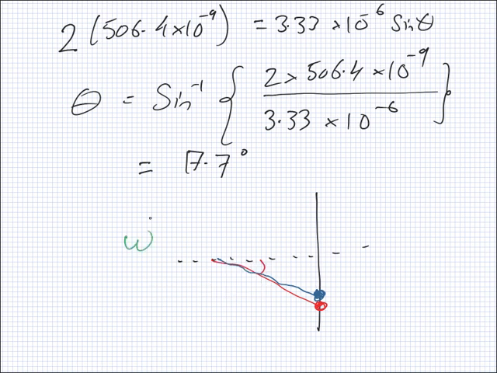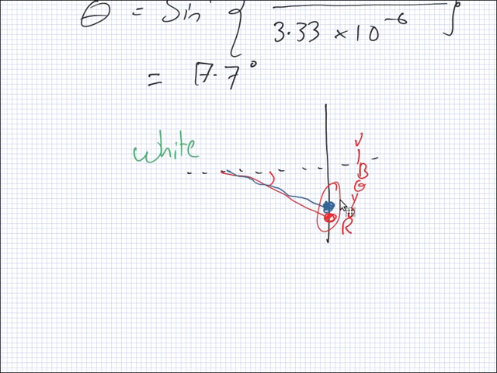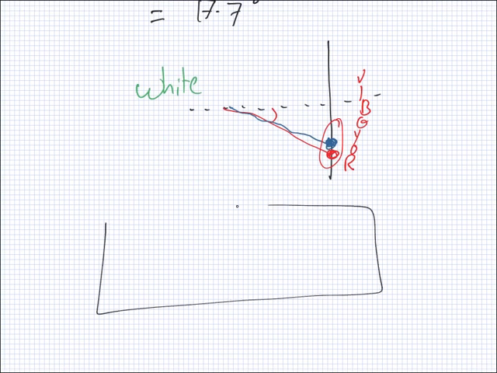If you put white light here, where you have red, orange, yellow, green, blue, you'll get all the colours here, but they won't match up. It'll go red, orange, yellow, green, blue, indigo, violet. You'll get a little rainbow here. So if you look at the screen, you'll get a dark spot in the middle, and then you'll get little rainbows here.